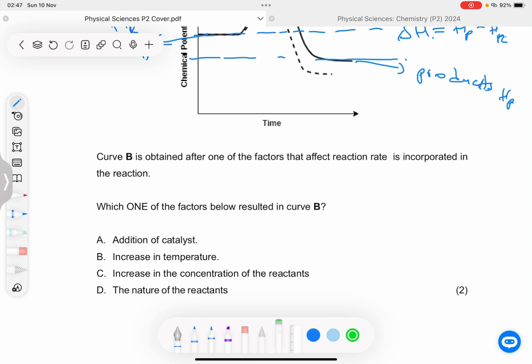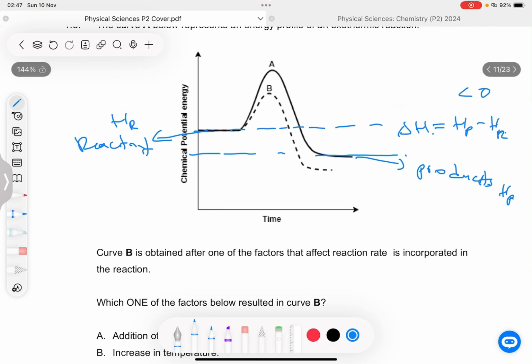Addition of catalyst. Let's see what happens if we add a catalyst. Remember that if I look at curve A here, this part from here to here we call the activation energy, EA. This is the minimum energy that is required to start the reaction.